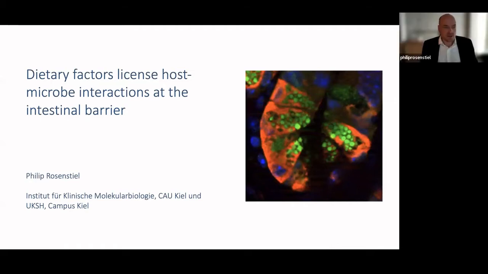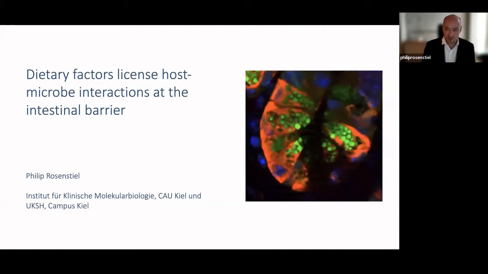So today I will try to cover a quite complex topic, and that is the idea of how dietary factors interact with microbes to have certain physiological effects on the intestinal barrier, but also on immune responses or other host physiology. Before we start, let's have a very general look at the gut microbiome as an ecosystem.